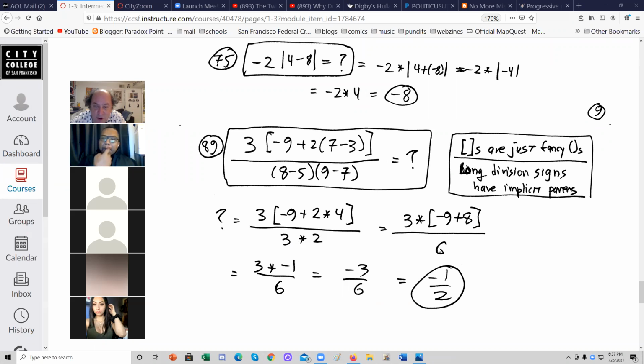So there it is, 3 times 2 is 6. So 3 times bracket 9 minus 8 end bracket, all over 6. Negative 9 plus 8, that's negative 1. 3 times negative 1 over 6. 3 times negative 1 is negative 3, that over 6. Negative 3 over 6, there's a common factor of 3, which you cancel and get negative 1/2.